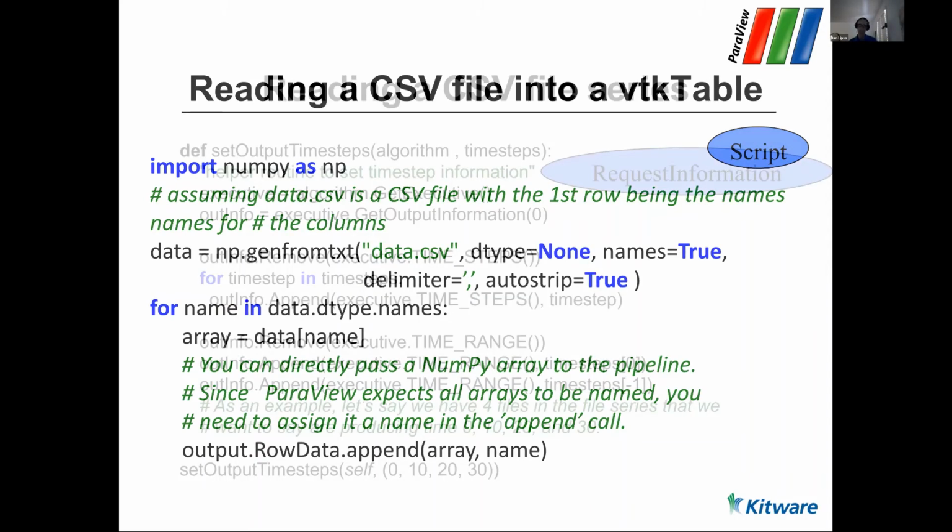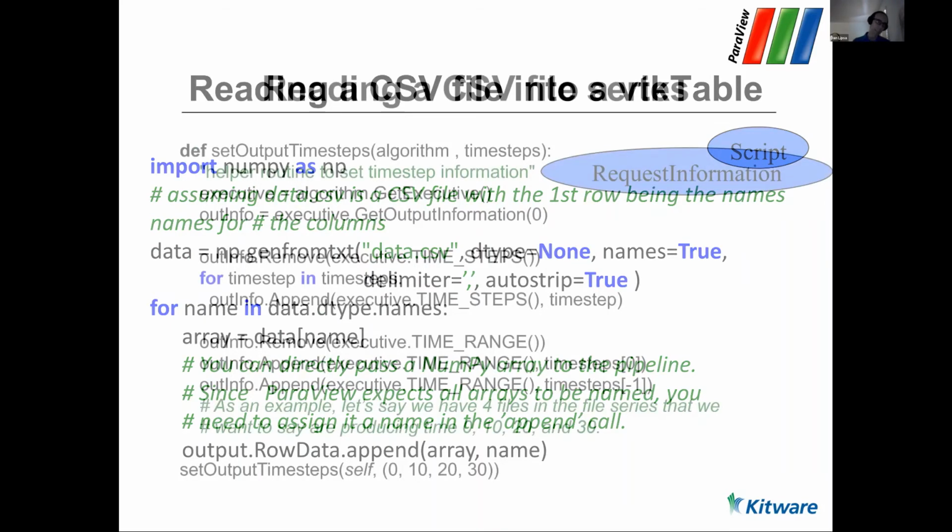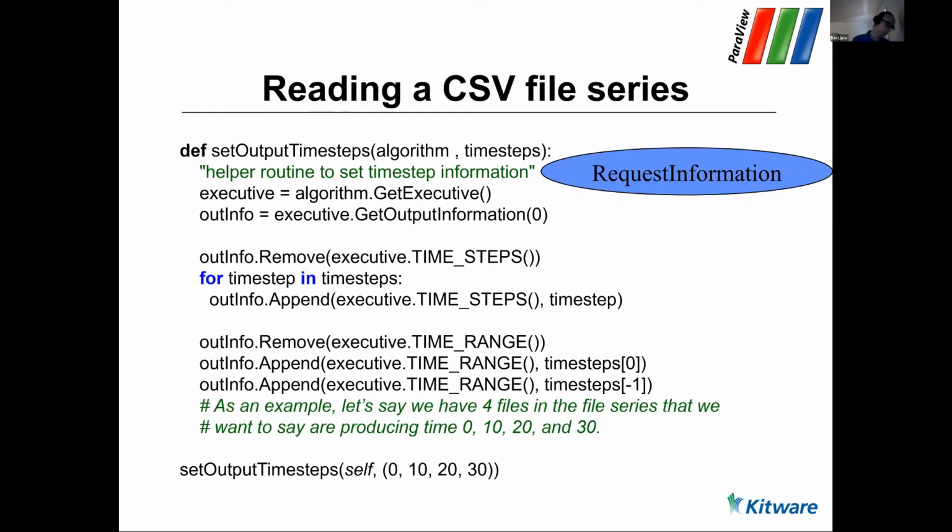This is an example that reads a CSV file series. The trick here is to provide the information about how many time steps you are reading. So we have to write two pipeline passes in this case.